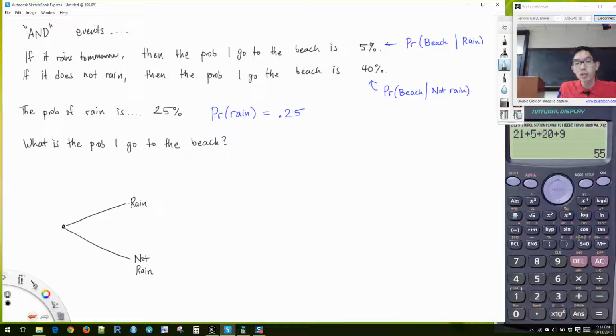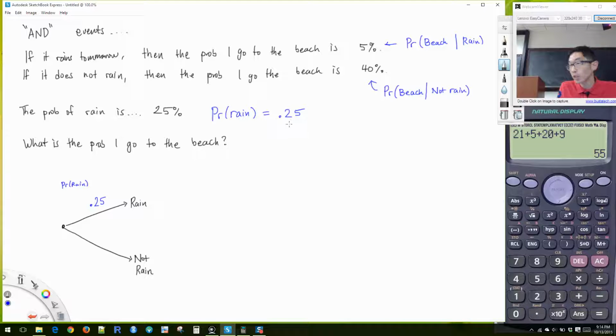So what's the chance that we go down the path where it rains tomorrow? 25%, I have that right here. Probability of rain, 0.25. So the probability I go down this path is 0.25.